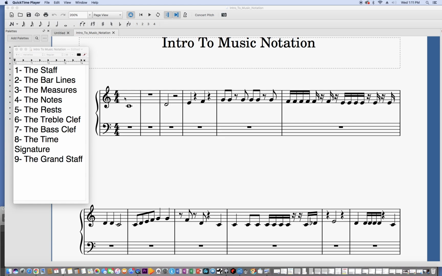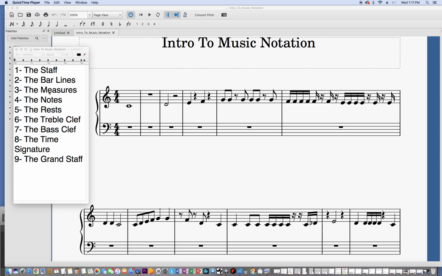So if you're counting how many measures are in this piece of music, you'll see 1, 2, 3, 4, 5, 6. So basically you're counting the spaces in between the bar lines, and that's where the measures are.